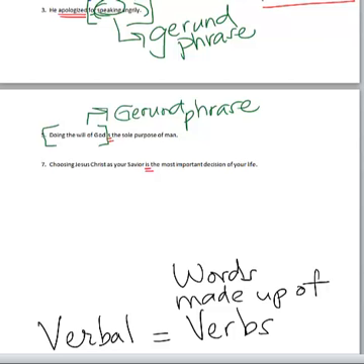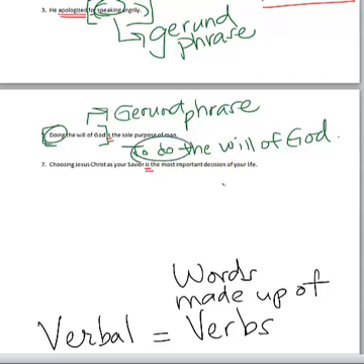Remember when we just got through diagramming? Doing the will of God, that's the subject. Doing is the verbal. Now, if we had the sentence that said, to do the will of God, then we would have an infinitive phrase as the subject of the sentence, and you would be circling this part. But either way, you're circling the verbal.